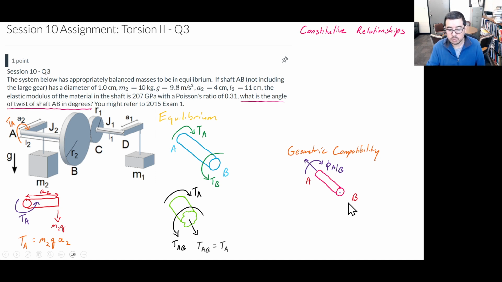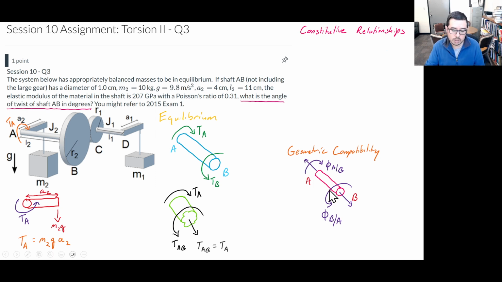We can do the same for the other side, and we say we have a phi BA on the opposite side. Now, I understand that these conventions can be a little bit idiosyncratic and can be a little bit different depending on how you're thinking about a problem. So this way of setting up the angular displacements is not set in stone.